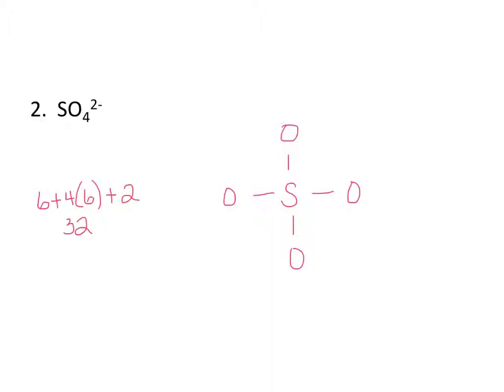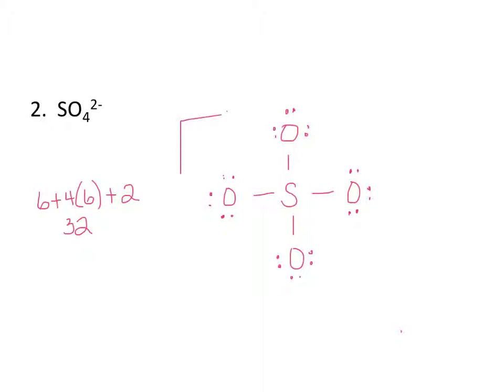So this would be 10, 12, 14, 16, 18, 20, 22, 24, 26, 28, 30, and 32. It works out perfect. So there's my 32 electrons.